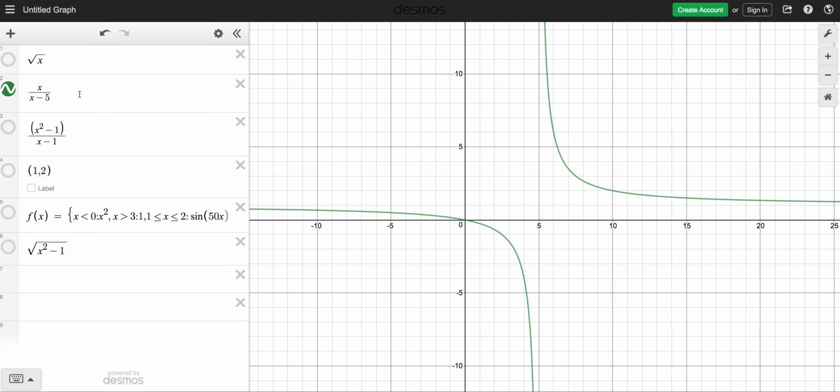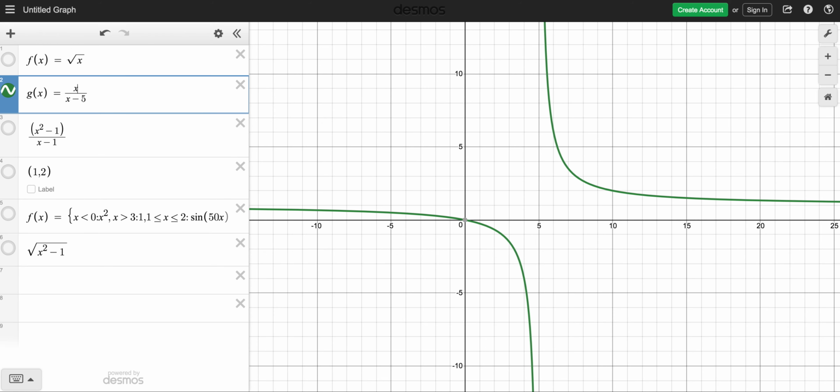And if I look at the formula for what we just graphed, well, I can't plug in x equals 5, right? If I think of this function as g of x equals x over x minus 5, well, I can't plug in 5 because I'd be getting 5 divided by 0.